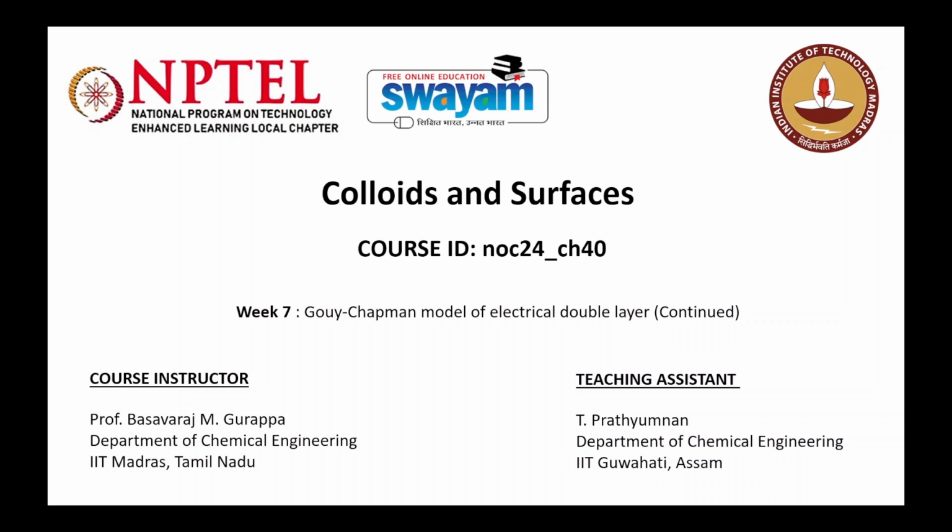After that, we moved towards the double layer models. We discussed the formation of the double layer and the three different models associated with it. Can anyone tell me what models we have discussed previously? We discussed one model, and the second model is the Gouy-Chapman. What is the model previous to this one?